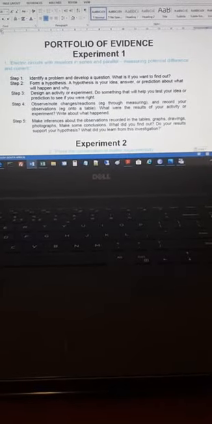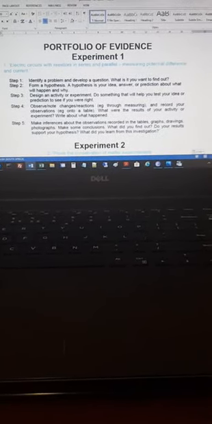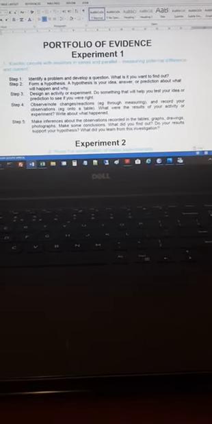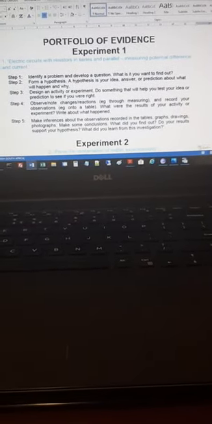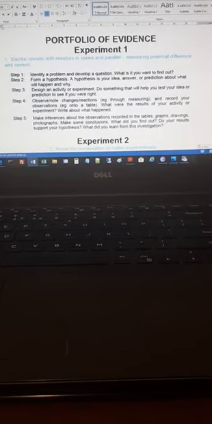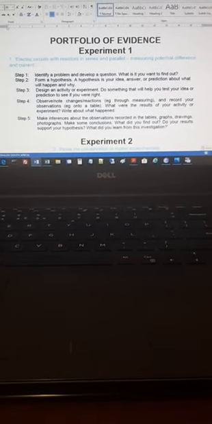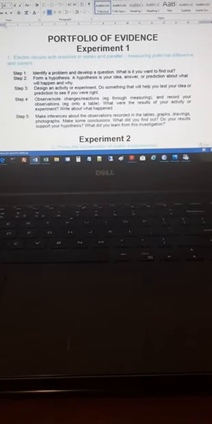I'm identifying the problem. The problem is COVID-19 is spreading because of social interaction. That's my problem. My hypothesis says if I can increase social distancing and make sure people stay at home, it might decrease my chances of catching COVID-19.